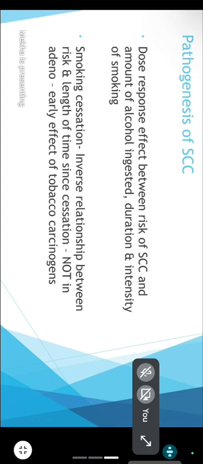That might be because in adeno, once the tobacco carcinogen is affecting you, that is a very early effect, and the effect stays the same. So once you stop smoking, the risk of that person getting adenocarcinoma does not actually go down, unlike in squamous cell, where, as you would expect, it does go down in a good inverse relationship.